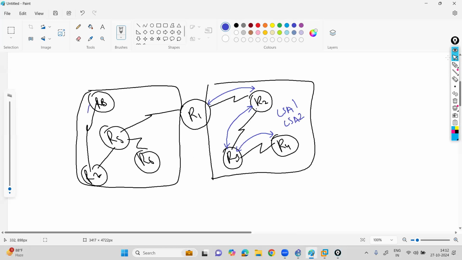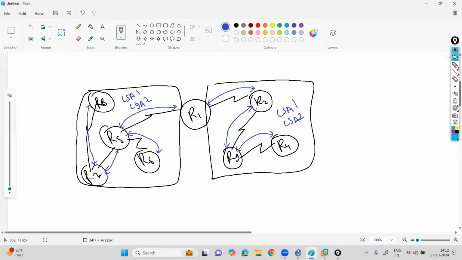The same happens on this side. This router is sharing the data, this router is sharing the data, within the same area. This is also called LSA1 and LSA2 type, right? LSA1 and LSA2 type. Clear?